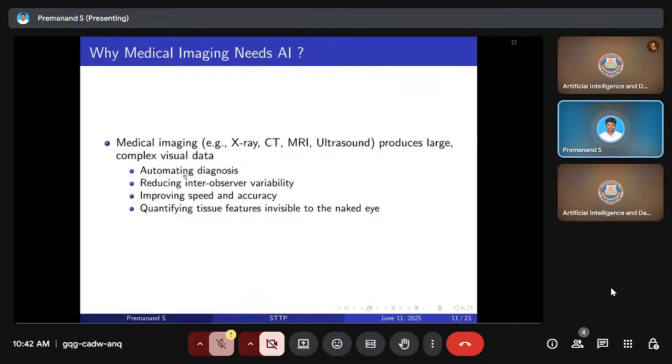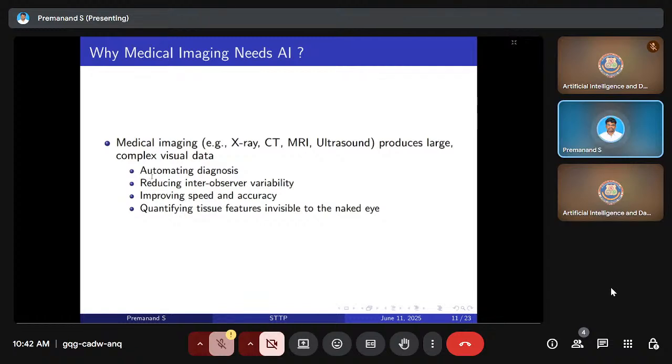Next, why do we need artificial intelligence concepts for medical images? Any ideas? The first thing is automating diagnosis.